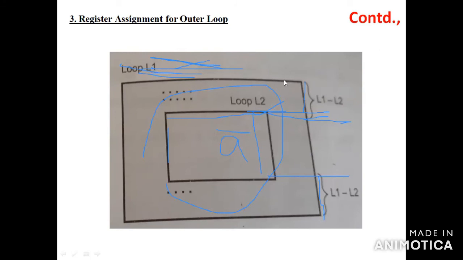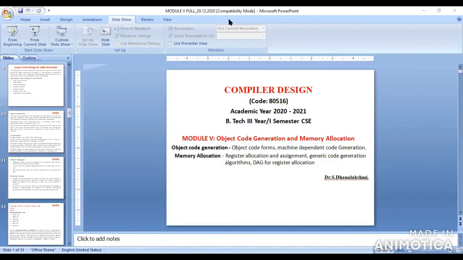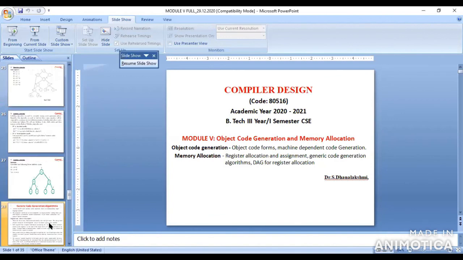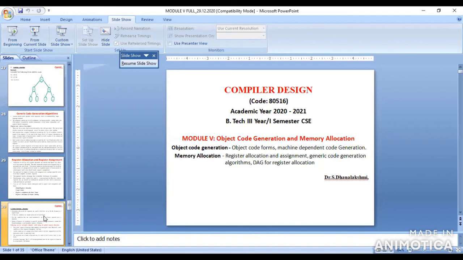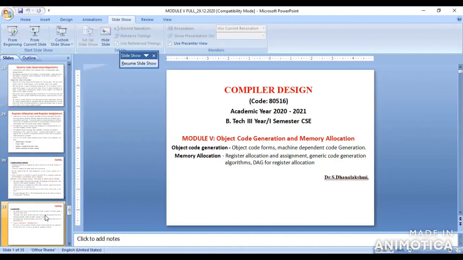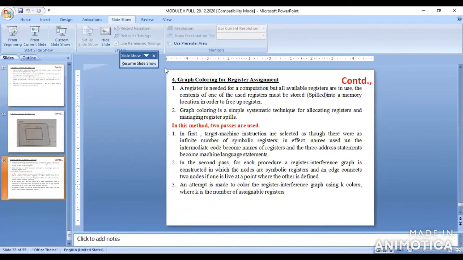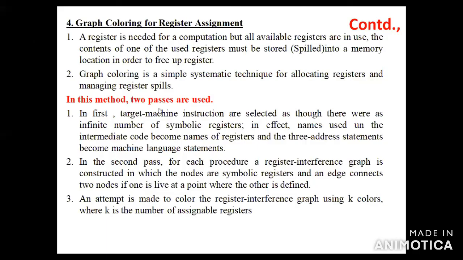What about the fourth one? The graph coloring technique. In this technique, you use a procedure like the one in data structure problems.